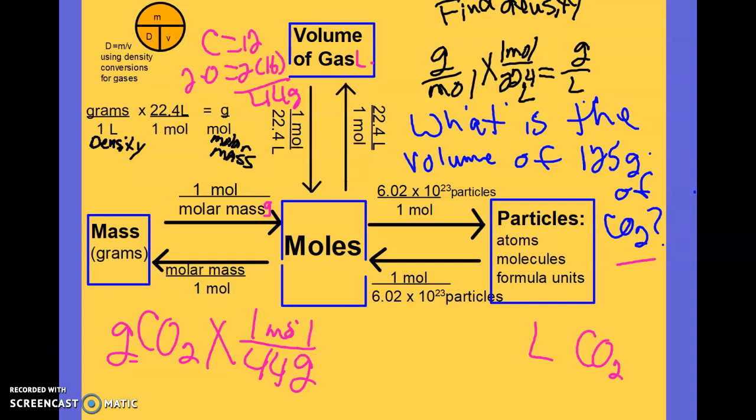So I looked at the periodic table to figure that one out. If I stopped right here and solved this, this would give me the answer in moles. I don't want you to stop and solve halfway through because we're big people and we can do this all in one big long equation.